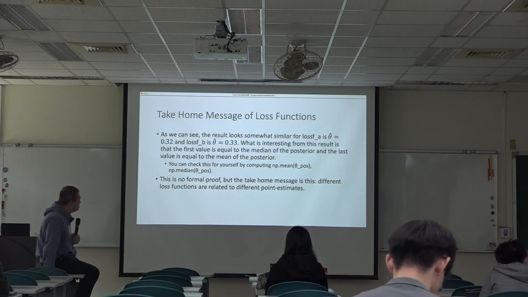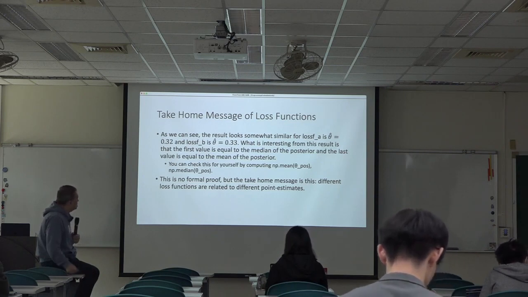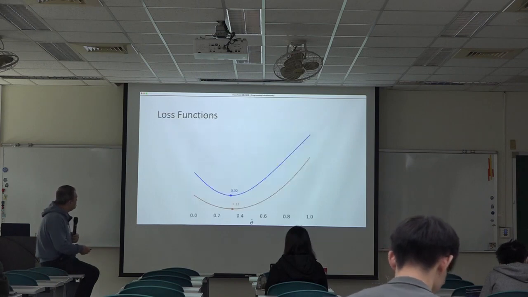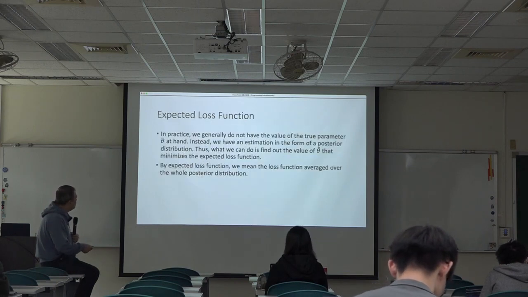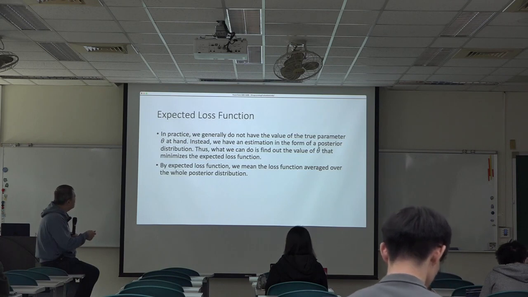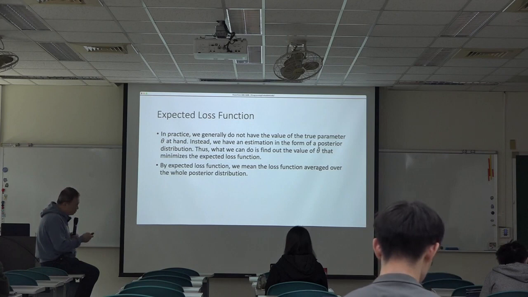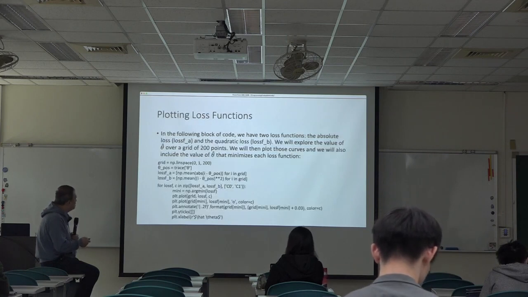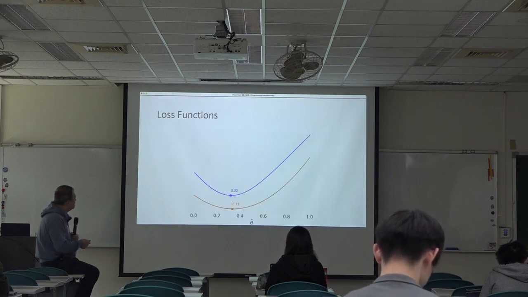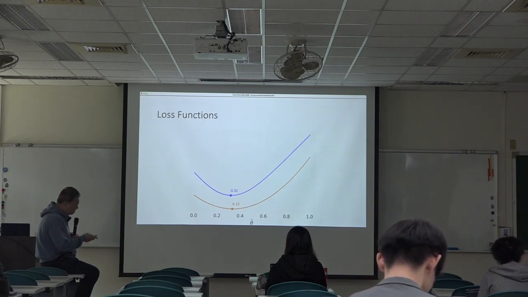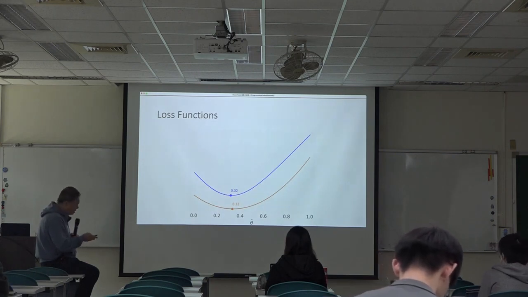So if you consider the expected loss function, the value that minimizes the expected loss function, for the quadratic form, is the mean. For the absolute value case, it's the median.